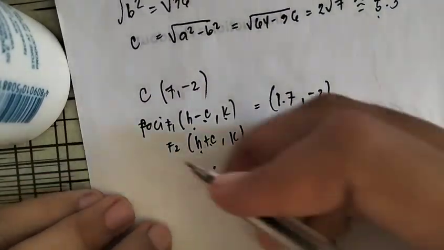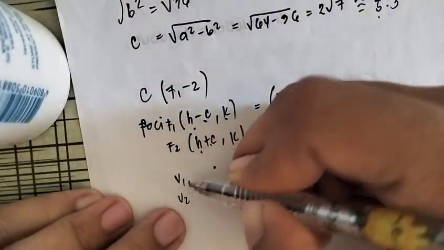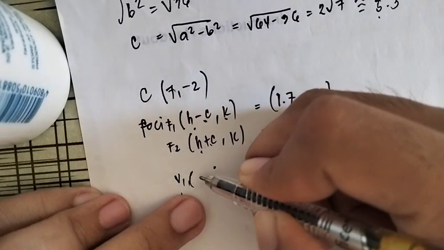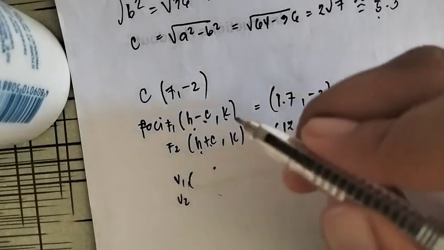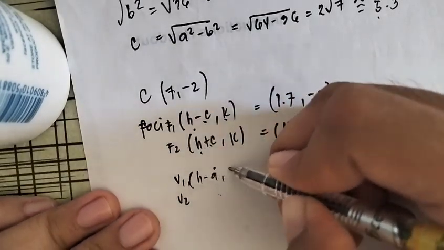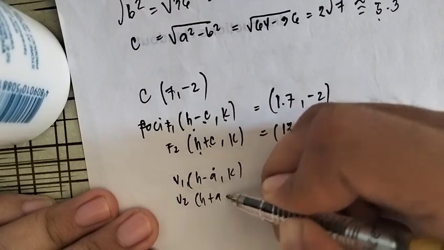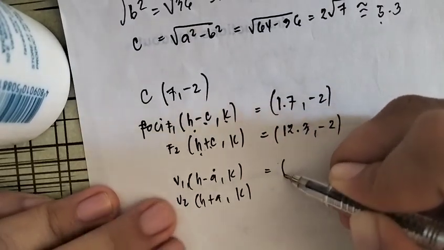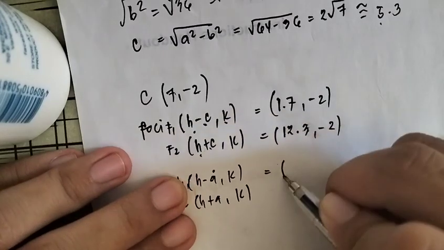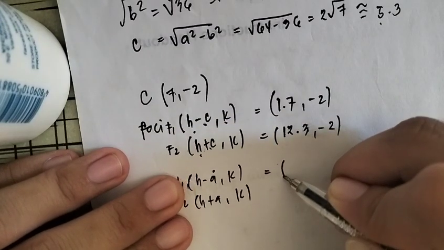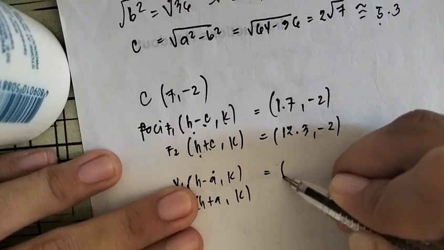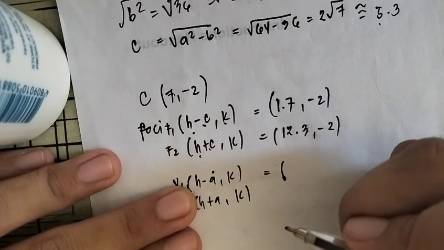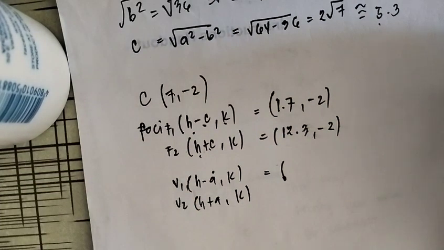negative 2. So for V1 and V2, unsa man dira ang A. So, H minus A, copy si K, H plus A, and then K. So, H, 5.3 plus A nga, ay minus A nga, 8. So, nakay negative, 8 ba ito, no? 8.